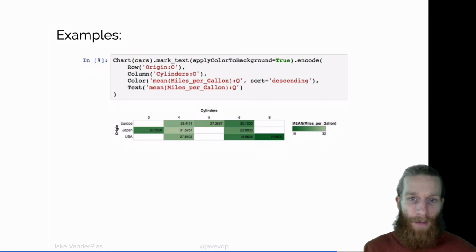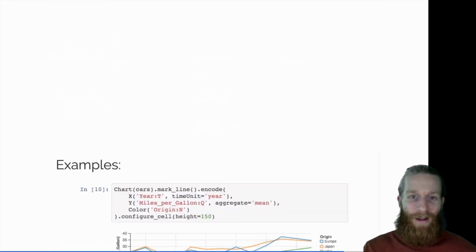So here we've again done an aggregation. We've told it row and column are both ordinal. I guess row being ordinal doesn't make a lot of sense, but you can see it actually did order them alphabetically because we told it was ordinal. For cylinders, of course it's ordinal, so it'd be good to give that an ordinal type. And so again, we can build out just a different type of chart.